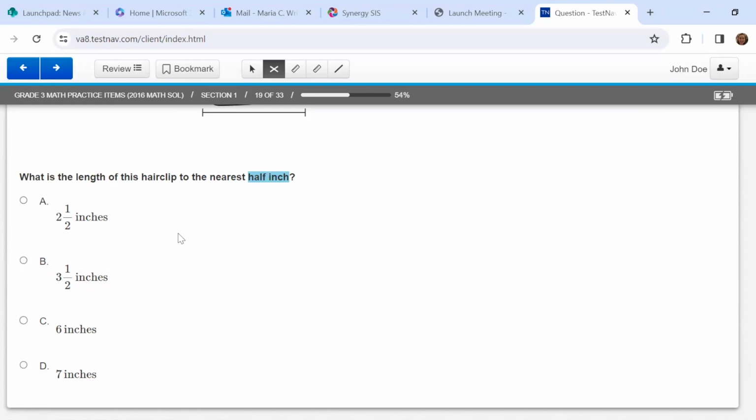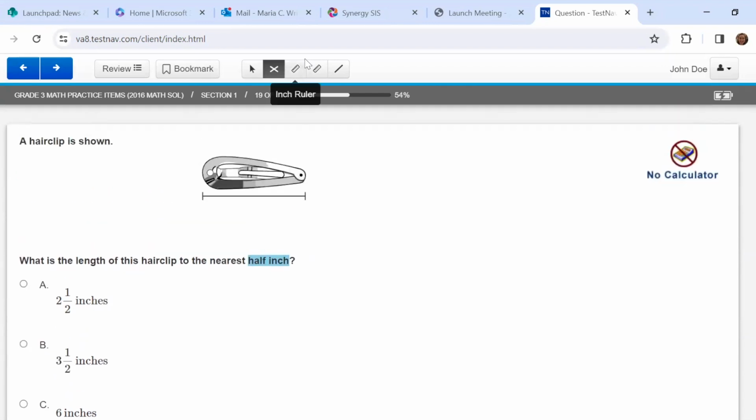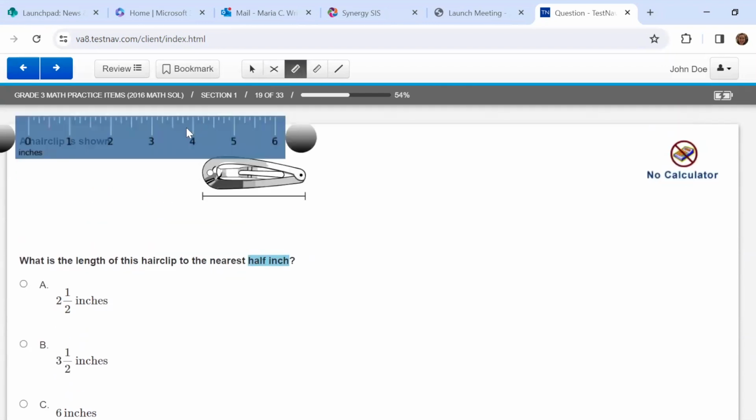The nearest ½ inch could be a whole inch. Think about it as counting by half. Your answer could be 0, 1/2, 1 whole, 1.5, 2 wholes, 2.5, 3 wholes, and it keeps going. So we need to make sure we have the inch ruler.